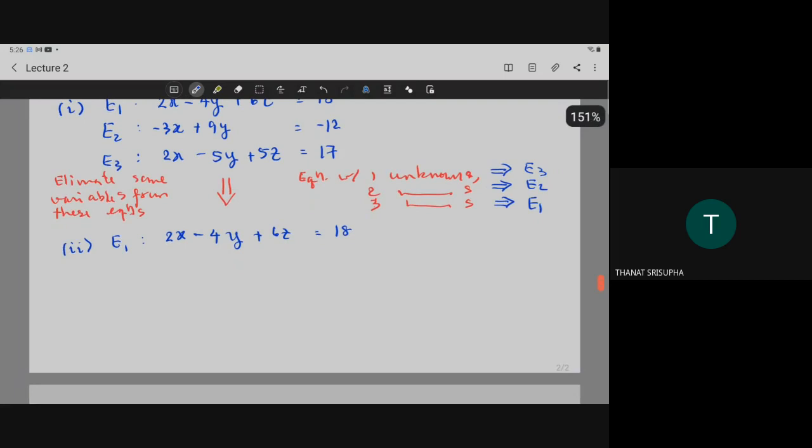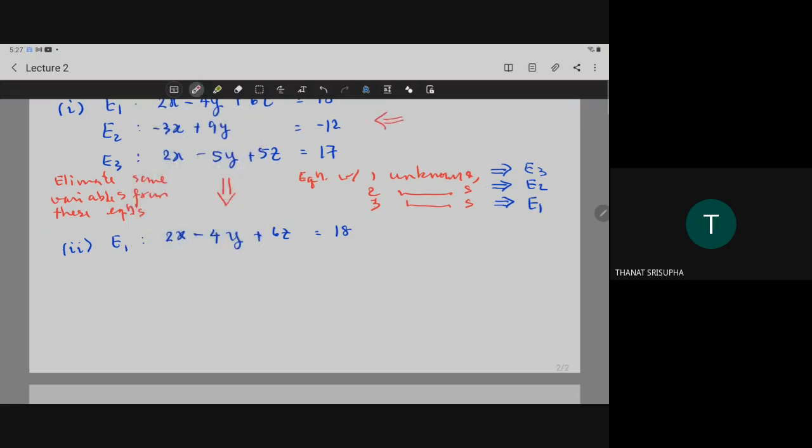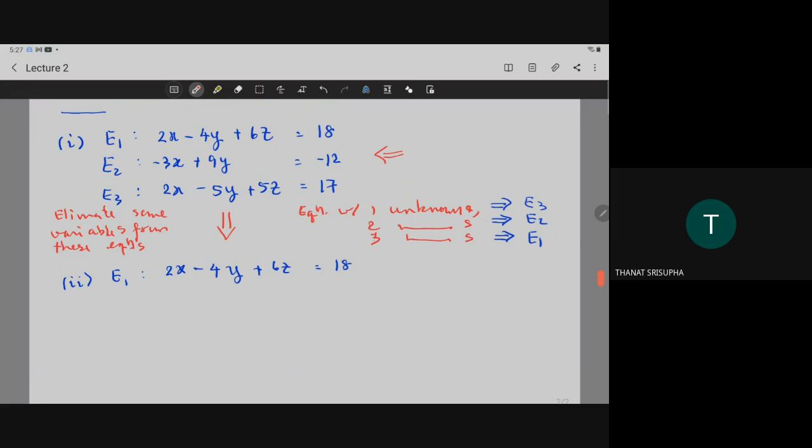Okay, so let's first look at equation 2. In this equation 2, we have three unknowns, which are x, y, and z. But when we make two unknowns, we are going to eliminate the unknown x. Or you can do it separately.